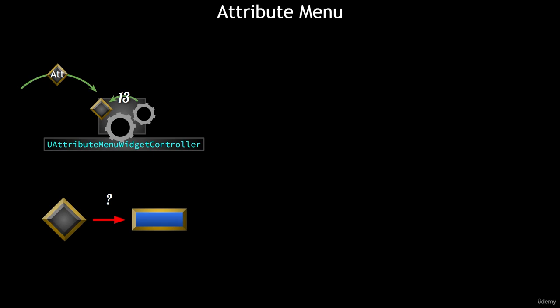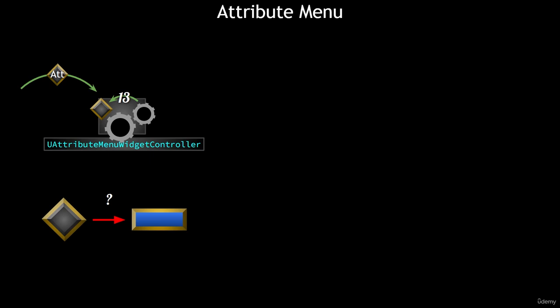That's something we're going to have to figure out how to do. But once our widget controller is smart enough to make that connection, we can then perform some kind of lookup to find the correct struct that has the right attribute name, attribute description, and so on, so we can send that data up to the widgets.